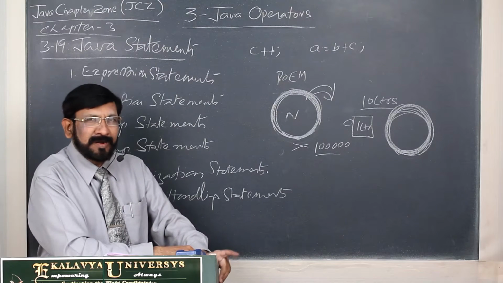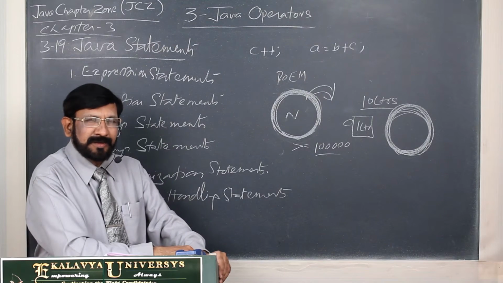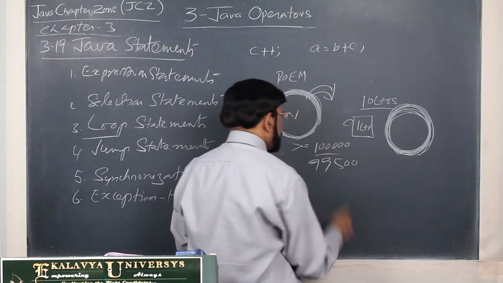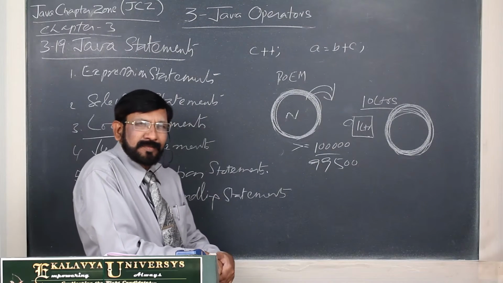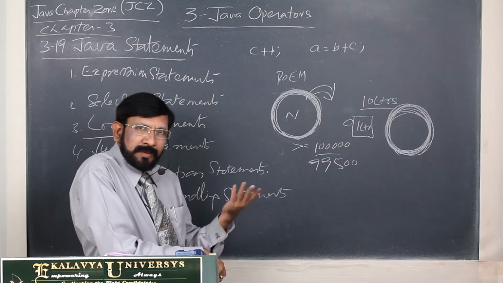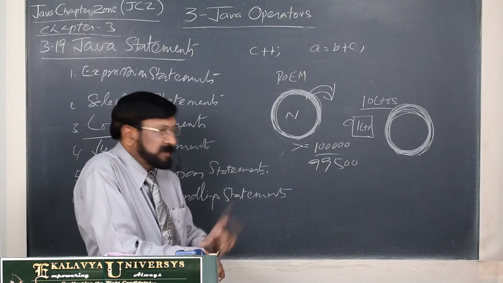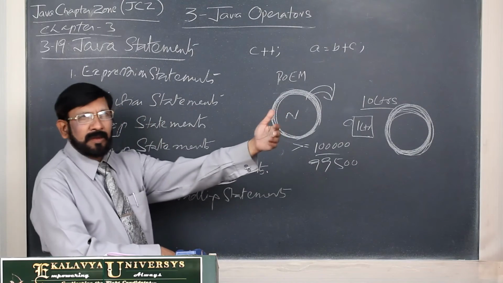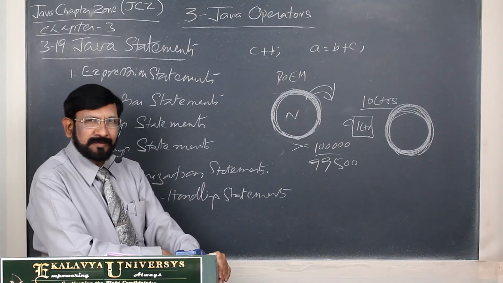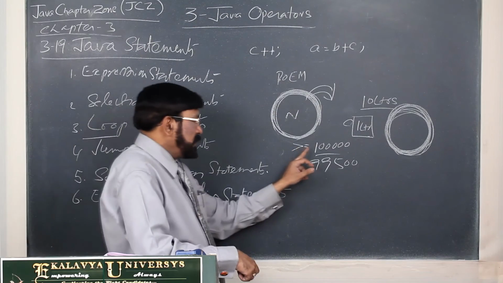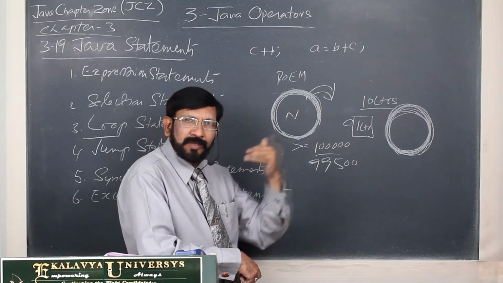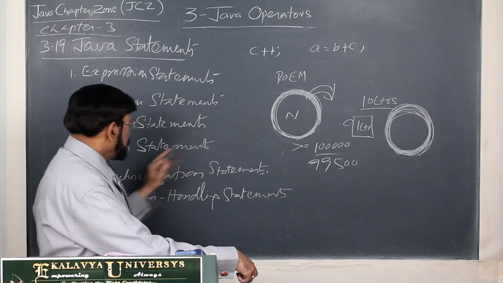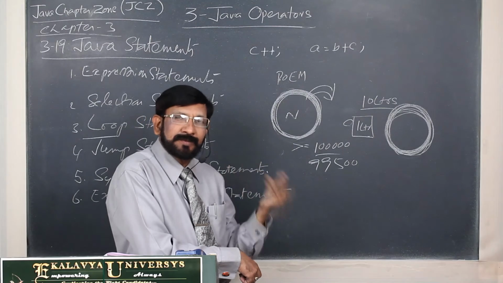Why I mentioned greater than or equal to: at one point of time you got 99,500, and the next contributor may give 1,000 rupees. Understand? That's why not exactly equal to. In this case, sometimes we have to take into consideration the real time environment and real time facts. So whenever it first crosses 1 lakh, you stop your iterations. You no more approach people for contributions. So in such a context, jump statements are required.